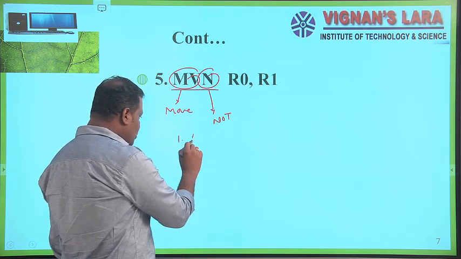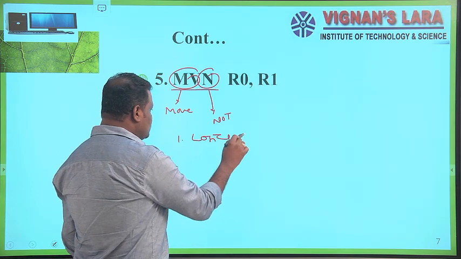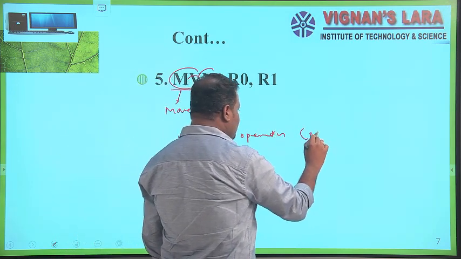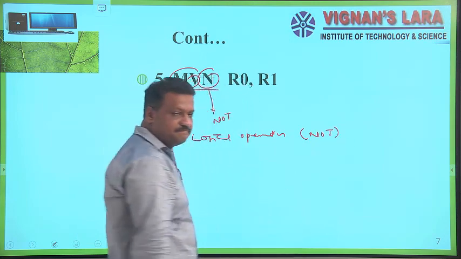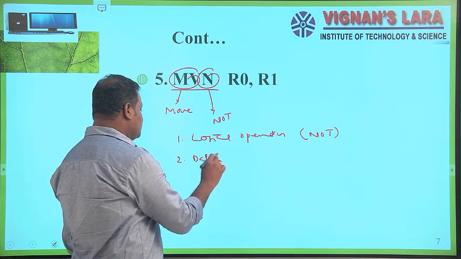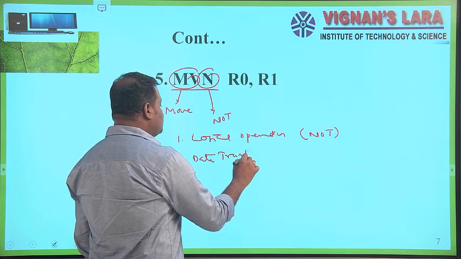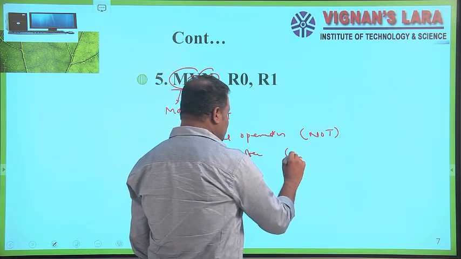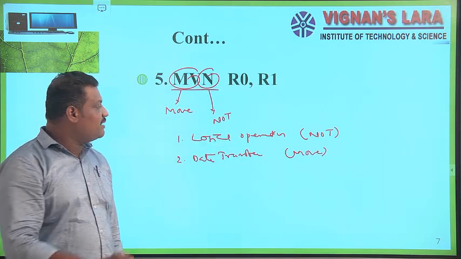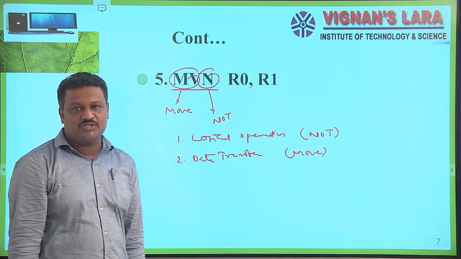The first one is a logical operation, which is NOT or complement. And the second operation is data transfer, which is nothing but move. MVN is a combination of these two instructions.